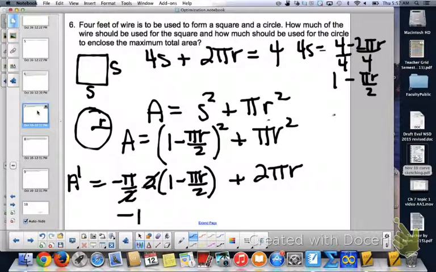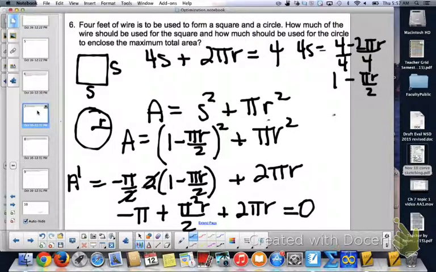So that's negative pi plus pi squared r over 2 plus 2 pi r equals 0. Set that equal to 0. So, yeah, this is a pain. So I'm going to stop there and pick this one up.